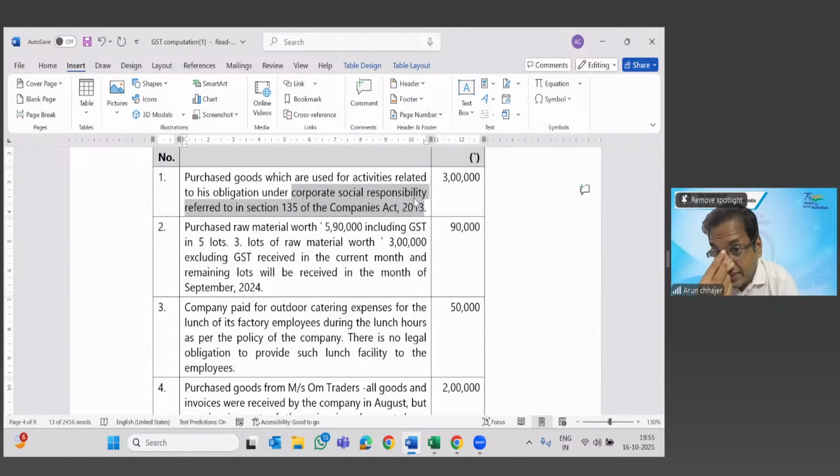I am not receiving the answer from all the participants. The goods purchased for the purpose of CSR activity, whether ITC would be allowed or not. Samli Sharma, give the reason.